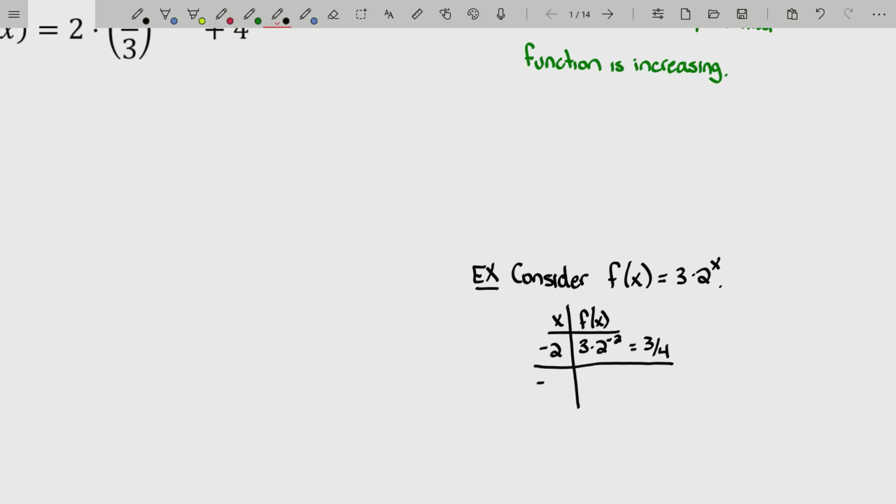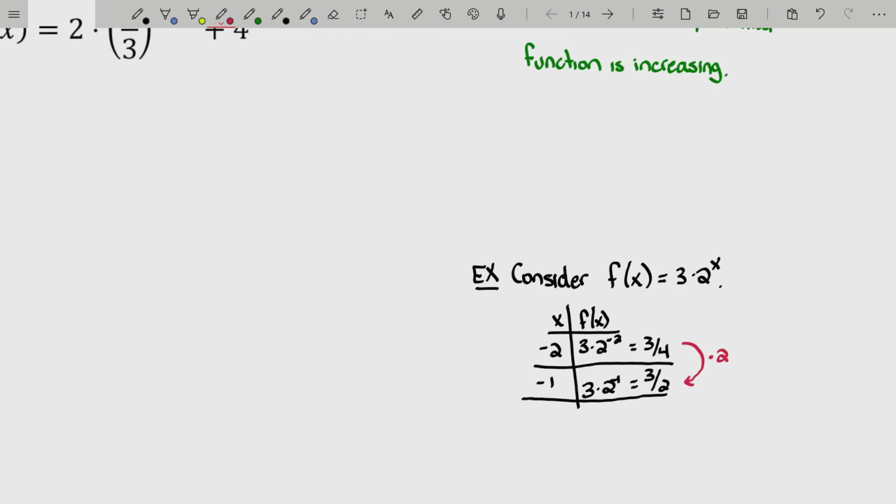And then if you just bump up by 1 in the x value, the output is 3 times 2 to the -1st, or in other words, 3 over 2. Notice that that is actually twice 3/4. So we multiply 3/4 by 2 to get to 3/2.